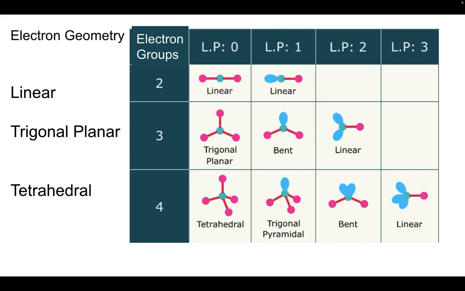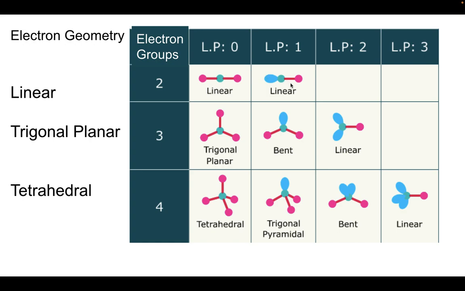Now this chart kind of organizes all of these thoughts. So if around your central atom you have two electron groups, okay, your electron geometry is going to be linear. Now, if both of those things are other atoms, your molecular shape is also going to be linear.